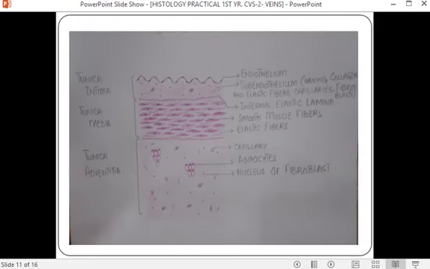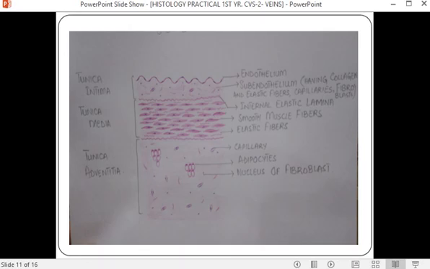This is the diagram of a medium-sized vein. We can see the three tunicas: tunica intima, tunica media, and tunica adventitia. Now the innermost layer is endothelium, which is lined by simple squamous cells. Then is subendothelial connective tissue. Basically, subendothelium contains collagen and elastic fibers, capillaries and fibroblasts. Then there is internal elastic lamina, which is very thin. Then comes the tunica media.